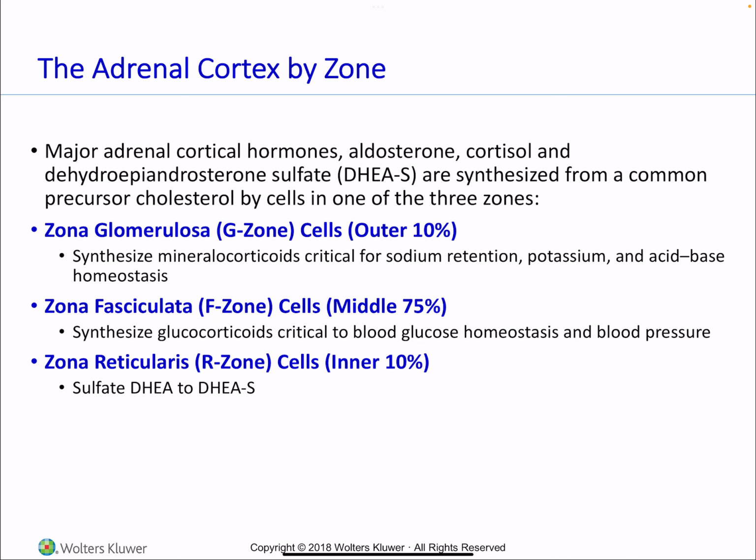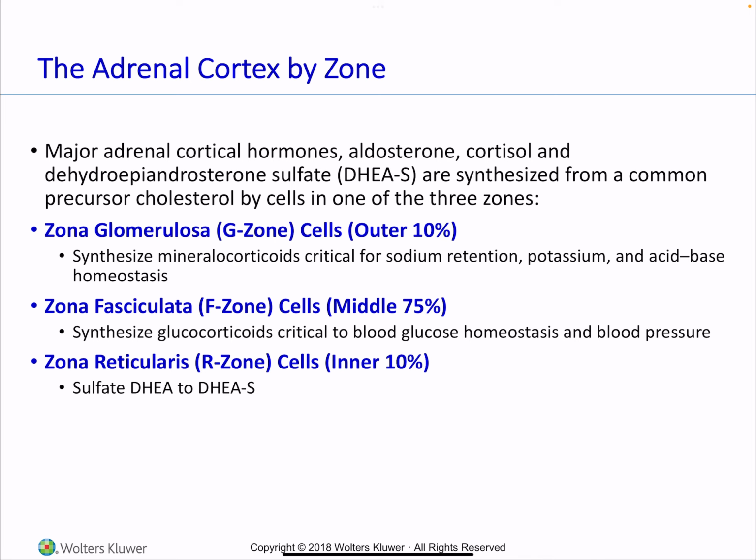So let's talk about the adrenal cortex and divide that by zones. The major adrenal cortical hormones, aldosterone and cortisol and DHEAS, dehydroepiandrosterone sulfate, are all synthesized from a common precursor, cholesterol, by cells in one of these three different zones.